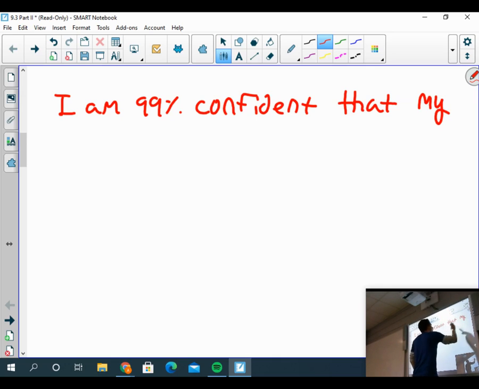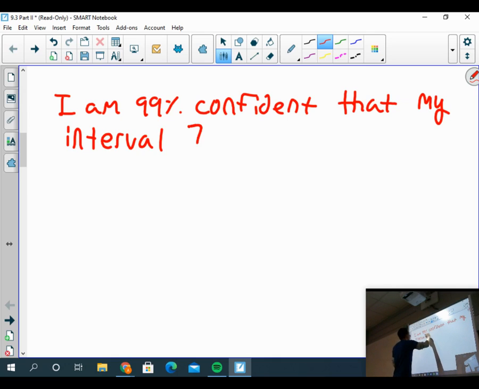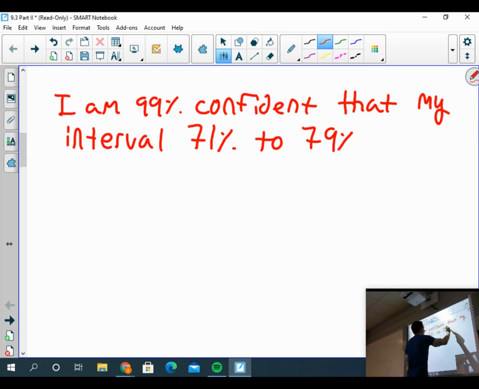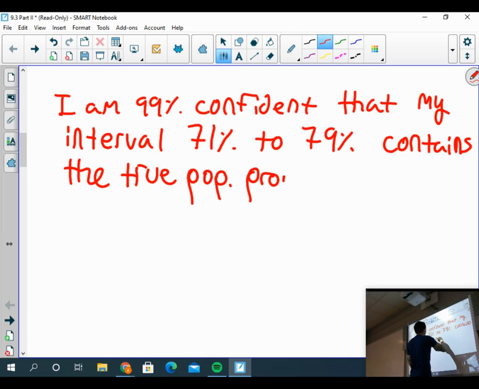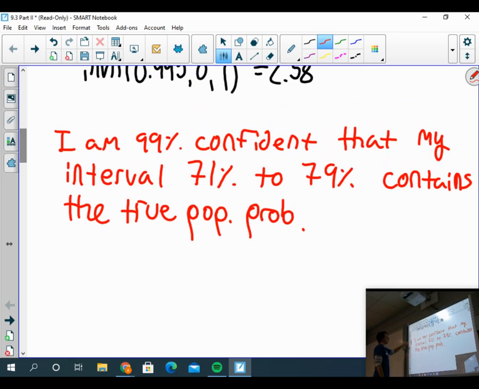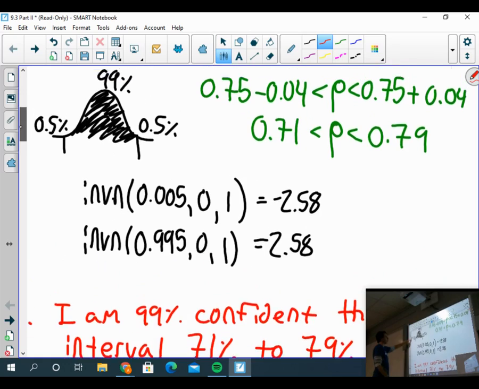That my interval, I'm going to put these as percentages, 71% to 79%. And the last part, contains the true population probability. We can do some interpreting here in the context of the problem. I'm 99% confident that my interval 71% to 79% contains the true population probability.